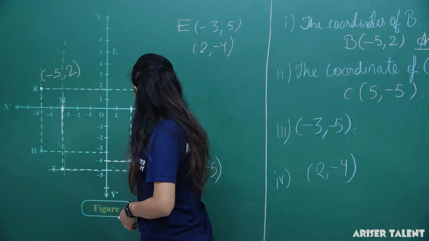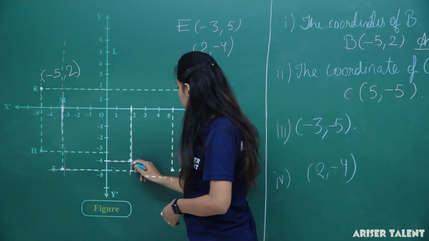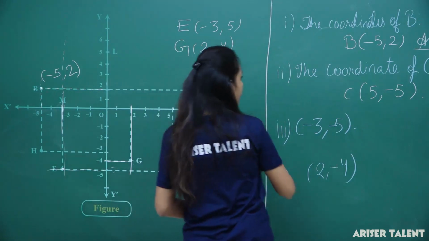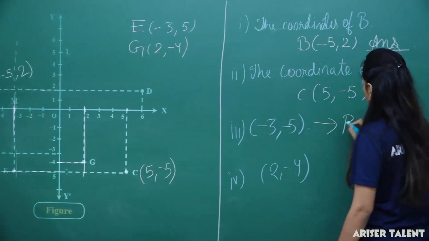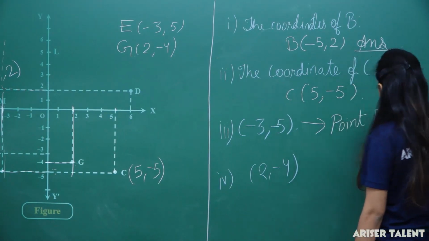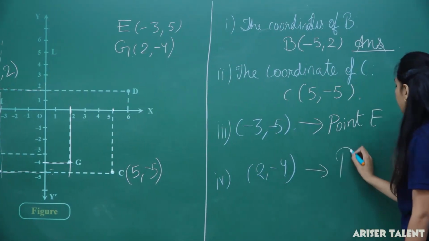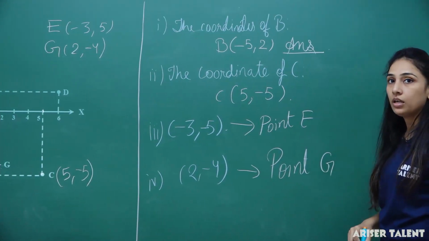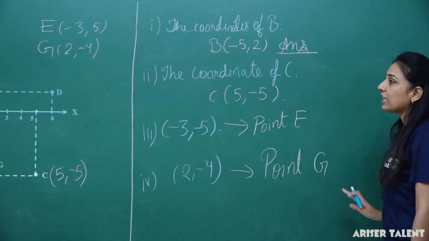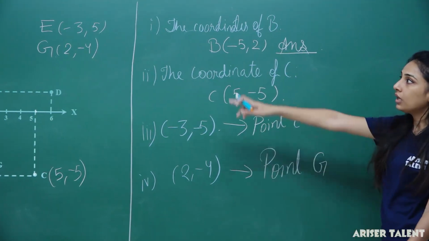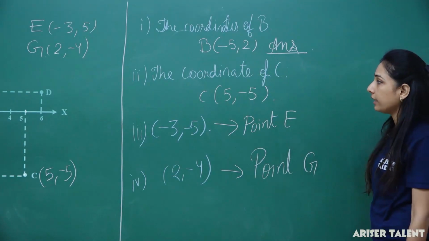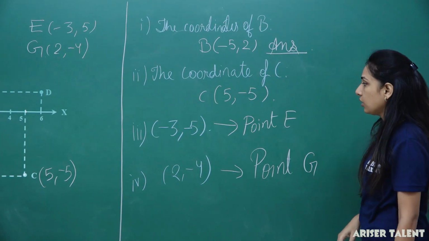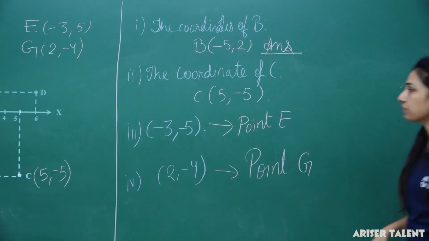When they cross each other, they meet at point G. So this is the position of point G on the graph. So first, second, third, fourth have been covered. Now you can copy this completely. Then we'll move towards the fifth and sixth parts and so on. Okay, copied?